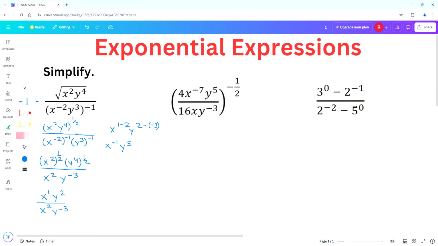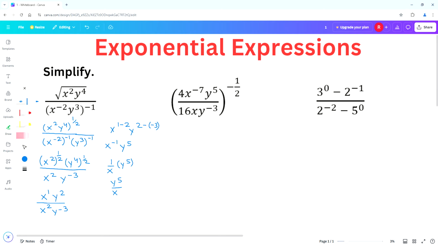We can make the exponent on x positive by moving x to the denominator. Now we can multiply these terms. This should be the final answer for the first expression.